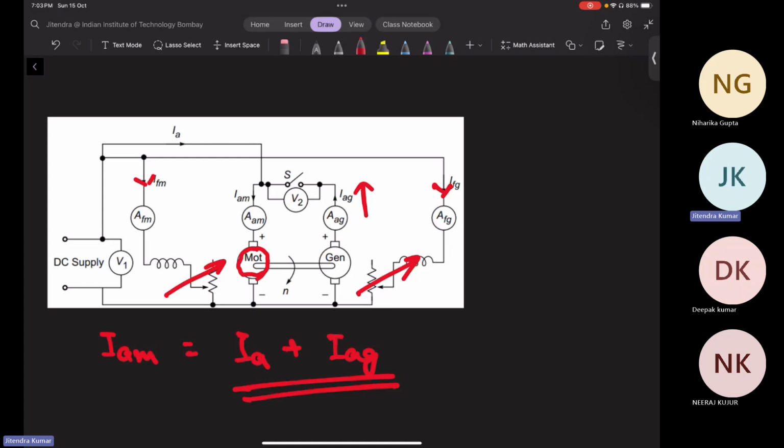If you are given the test data in the problem, it will not be specified which is the motor field current, the motor armature current, or the generator armature current. You have to identify from the data. Whenever you see a significant amount of armature current, the higher value corresponds to the motor, and the lower value corresponds to the generator. Okay, till here it is fine.